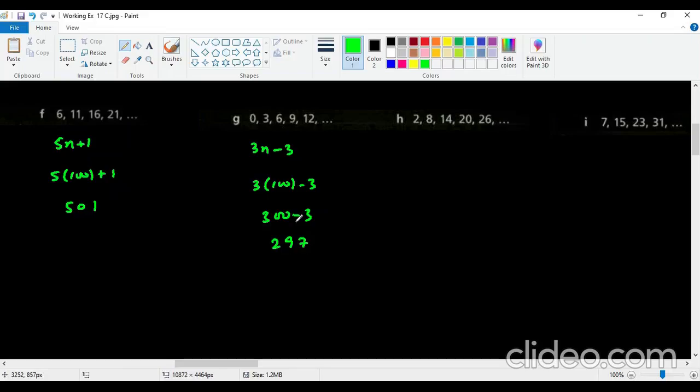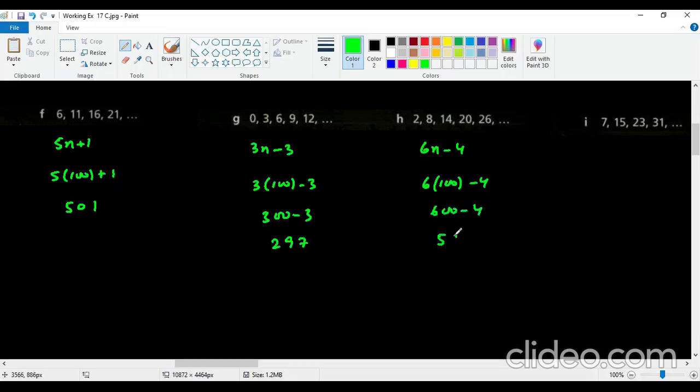Now, moving on to the next one, the difference between these numbers is a 6. So 6n, to make a 6 a 2, we need to subtract 4 from it. That means 6n minus 4 is going to be the term rule. 6 times 100 minus 4 is going to be 600 minus 4.